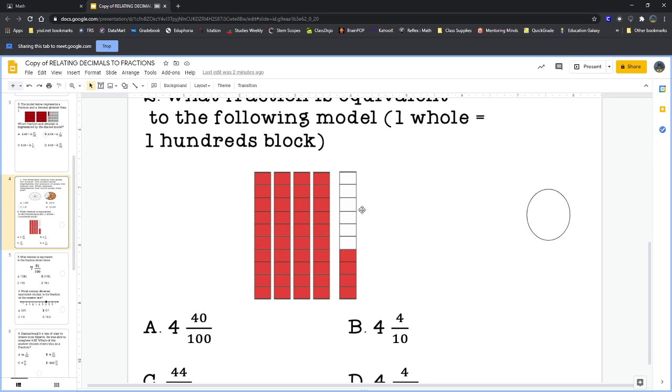Five. Let's see, I see 1, 2, 3, 4. And then is this another whole row, Noah? Oh, no. There's only 4 whole rows.